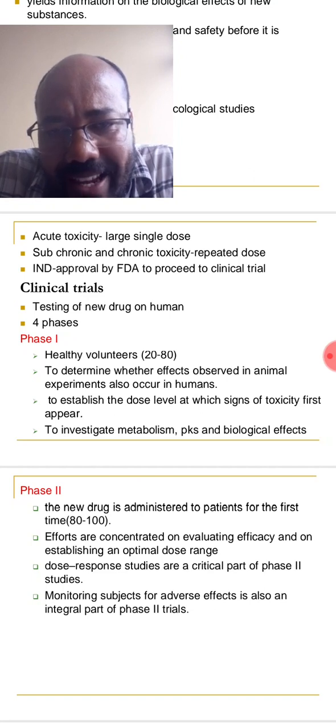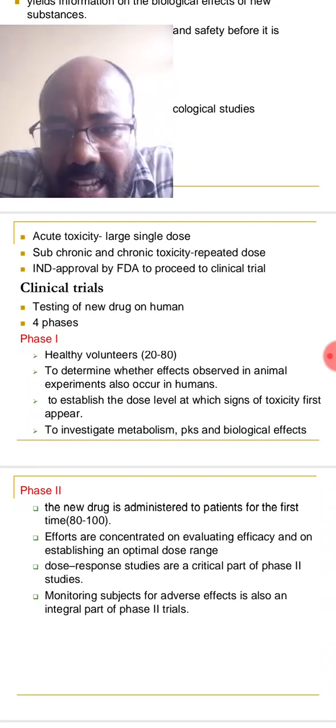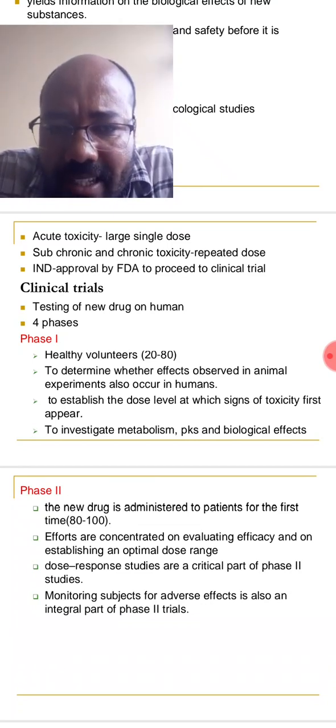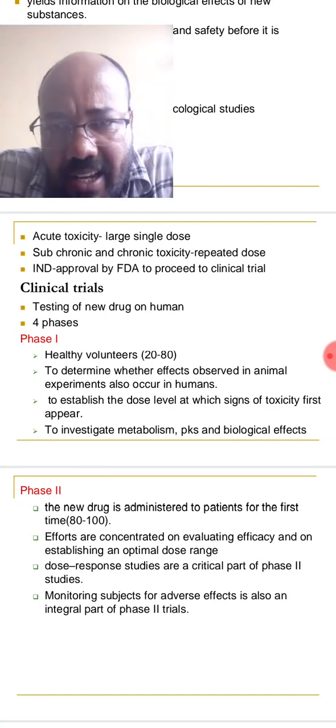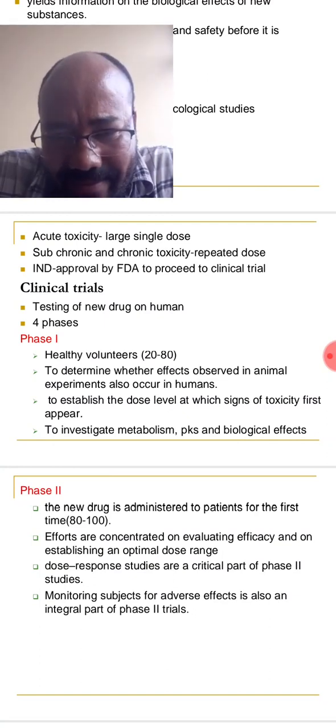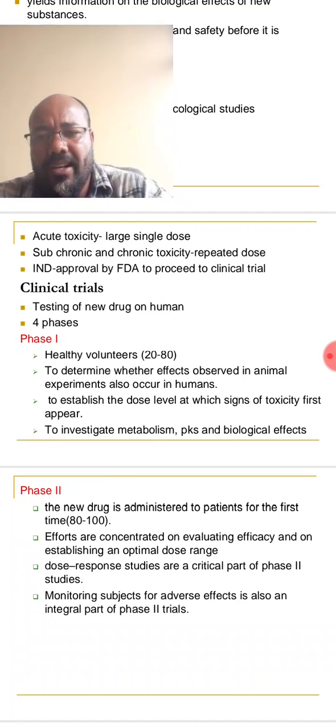The aim is to determine whether the effect observed in animal experiments also occurs in humans, to establish the dose level at which signs of toxicity first appear, and to investigate metabolism, pharmacokinetics, and biological effects. We use the new drug in phase 1, mainly in healthy volunteers, to determine its effect, whether it is similar to the animal model.